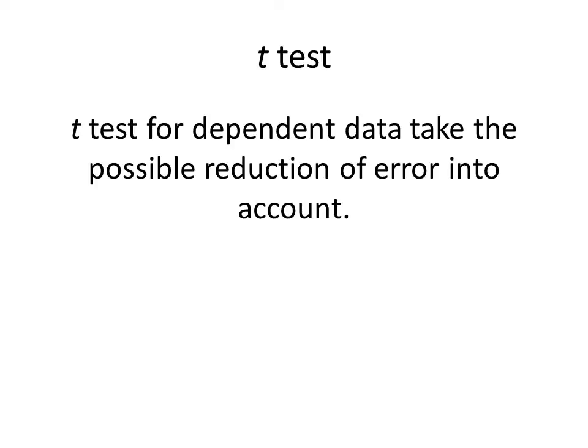So the t-test for dependent data takes the possible reduction of error into account. Now, researchers often mention in their reports whether they have conducted t-tests for independent or for dependent data.